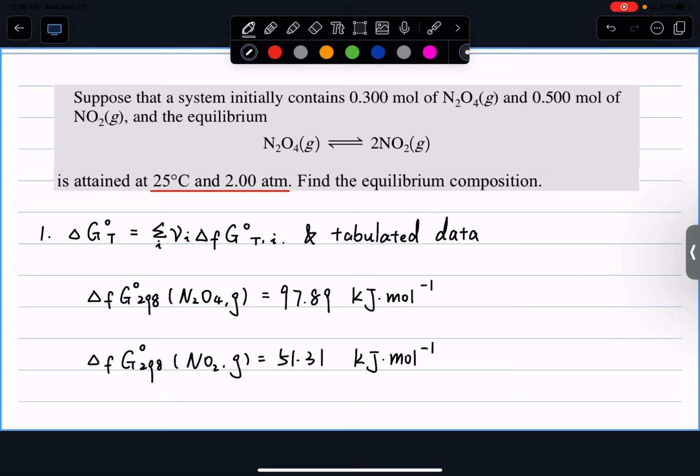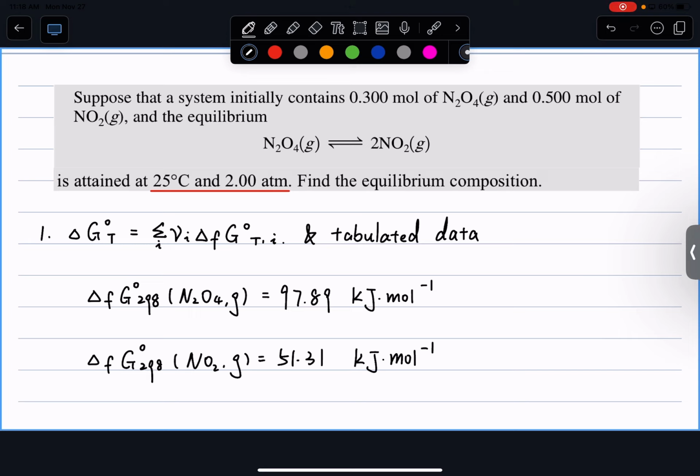0.148. Am I writing too small, or can you see it from the back? Way too small. Okay, I'll write bigger. From number one, I'll erase these calculations and keep a number here.